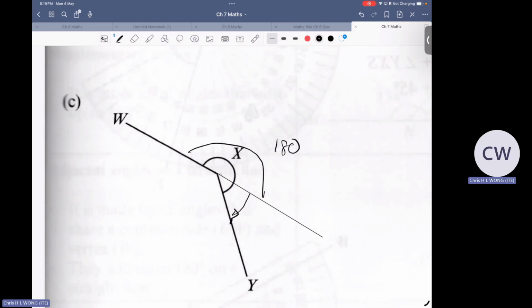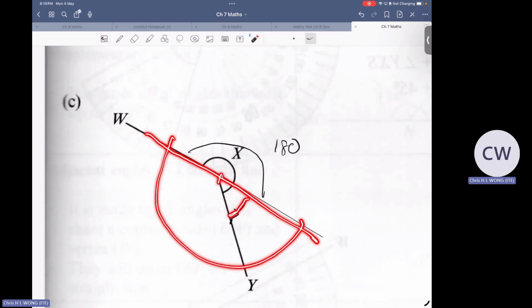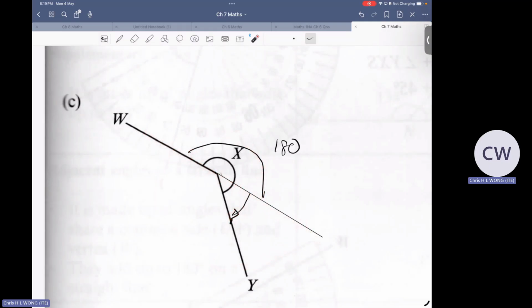Put the protractor here, measure here, then you add 180, right? You understand what I'm saying? So make sure you know how to use the protractor. You understand, Mandy? All good? This one you know is 180, no need to measure. Just make sure you measure this.